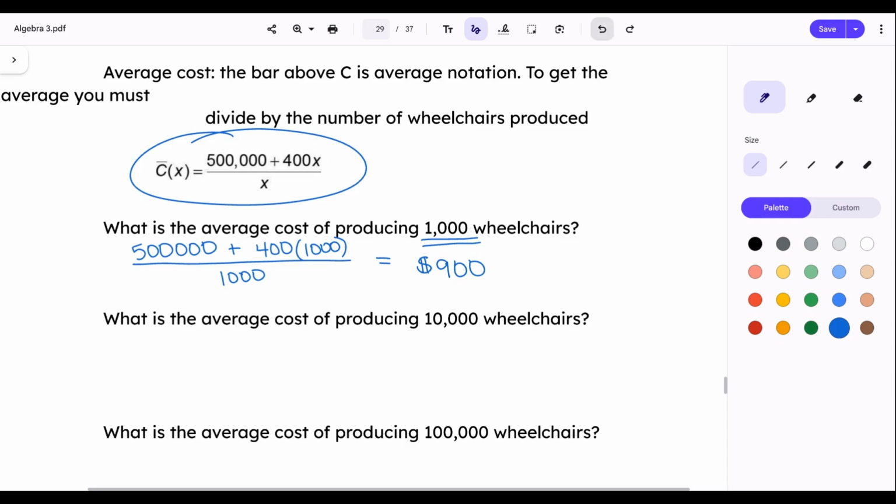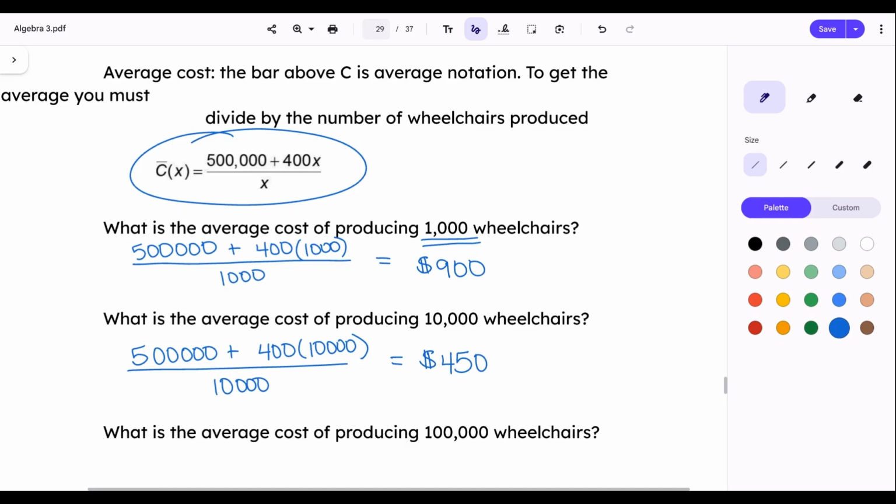How much? You said 10,000? 10,000 instead. Yep. What'd you get? 450. Okay, what did that do to the cost? It cut it in half.